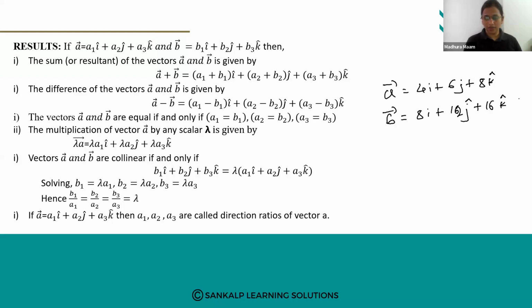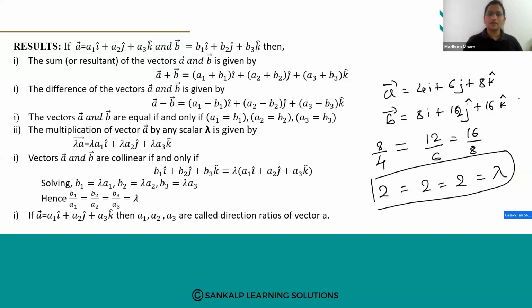B1 by A1 is 8 by 4. B2 by A2 is 12 by 6. B3 by A3 is 16 by 8. 8 by 4 is nothing but 2. This is 2 and this is 2. You can see that they are all equal to the same scalar lambda. So they are parallel and collinear.